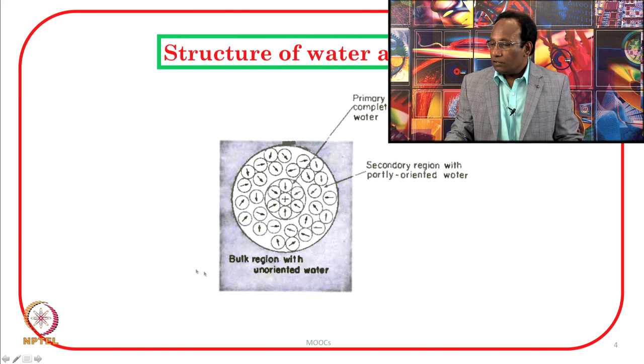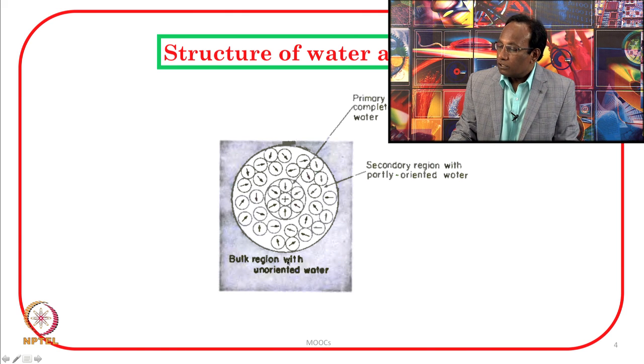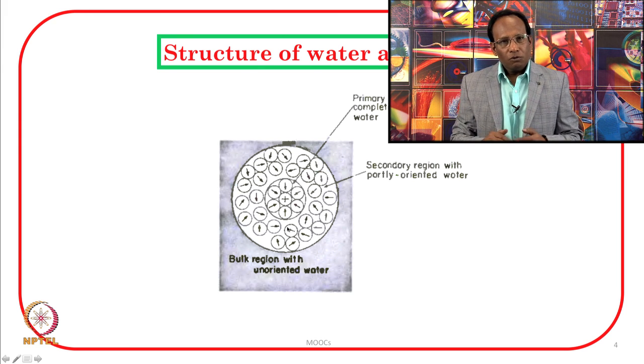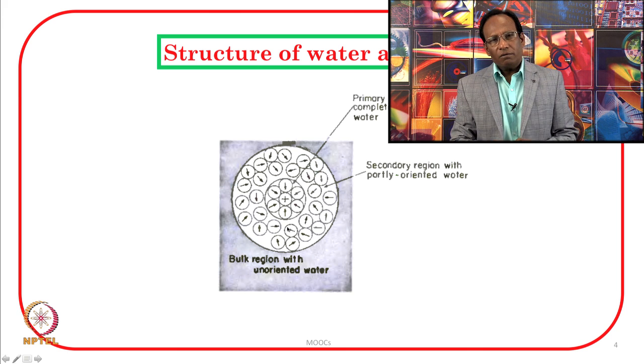That is, in this shaded region, you have a tetrahedral network of water which is in equilibrium with the monomeric water. However, this one ion has altered the structure of water, and if you try to rationalize overall, when you add sodium chloride, you are not just adding one ion.